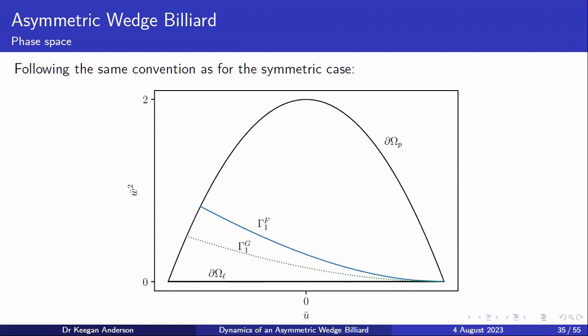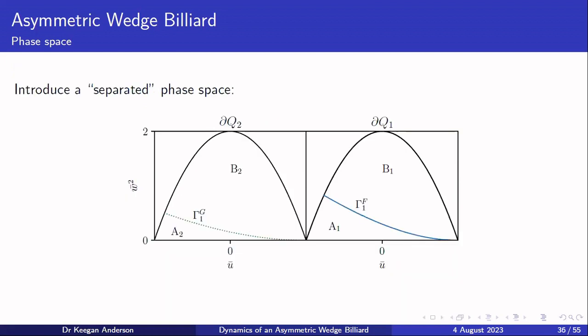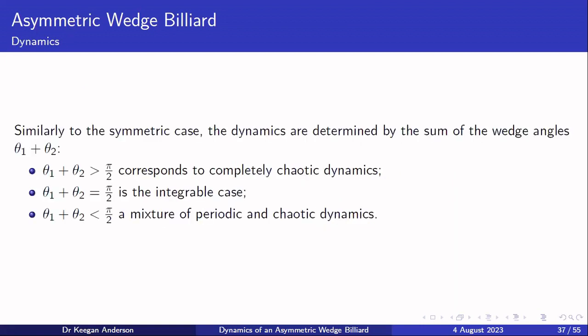So you won't be able to say whether the same side collision is on the left-hand side or on the right-hand side. That's where I introduced these separated phase spaces. This also gives another intuitive idea, that maybe my asymmetric wedge billiard could also be two separate symmetric ones which are coupled. So that's another approach to take to this as well.